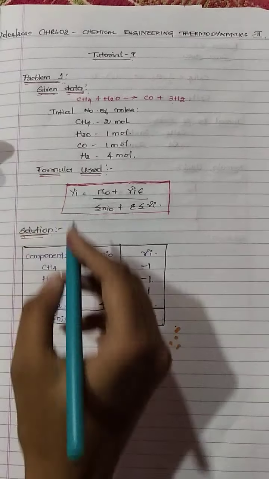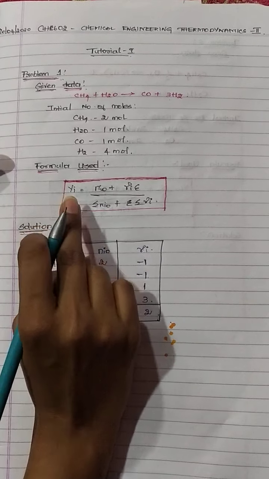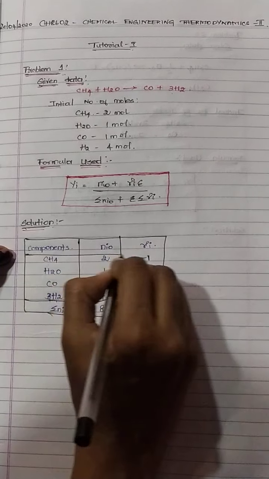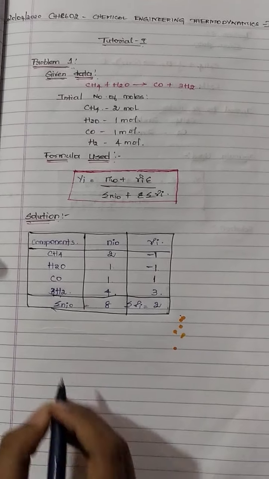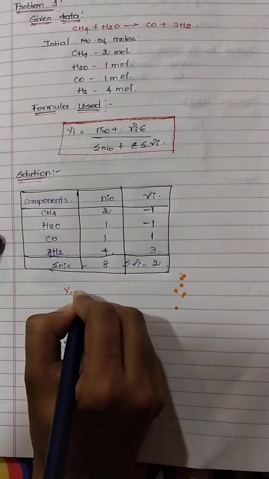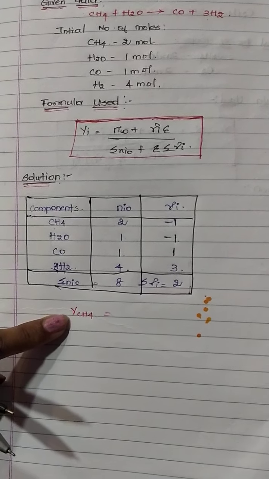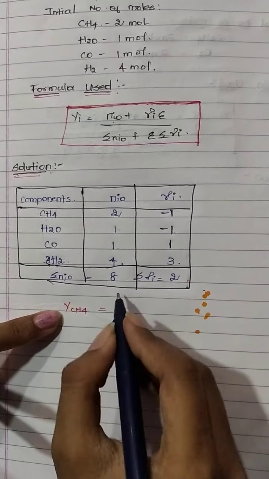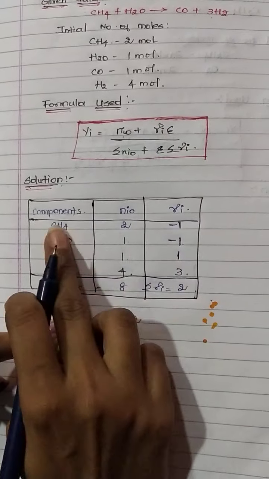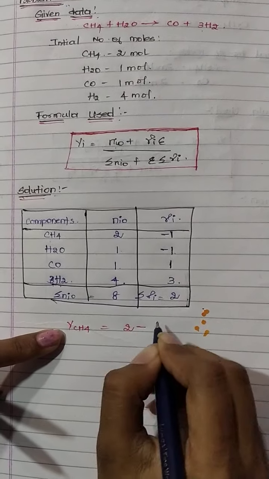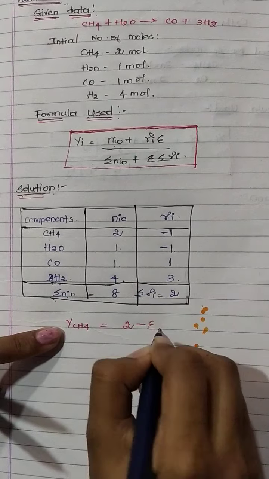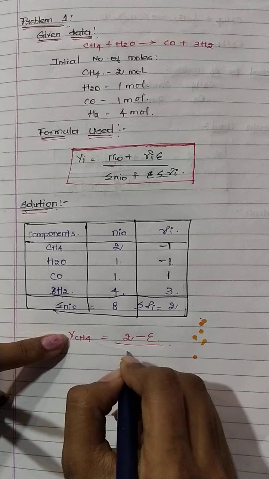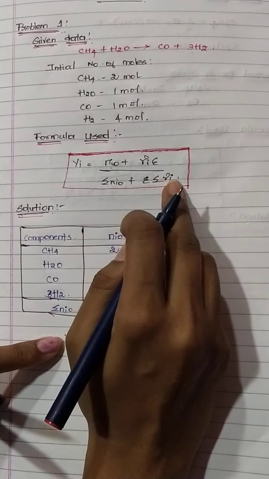Now you can write the mole fraction for each component. First I'll start with the first component, CH4. YCH4: my formula is Ni0, which for CH4 is 2, and nu I for CH4 is minus 1, so minus 1 into epsilon, which is minus epsilon, divided by summation Ni0, which is 8, plus summation nu I epsilon.